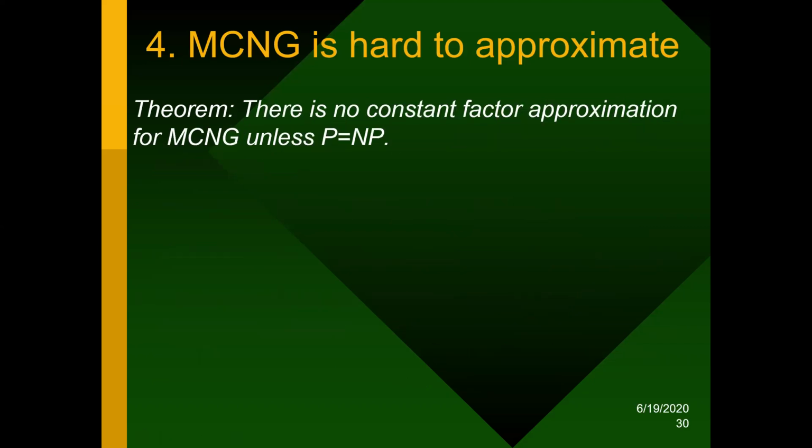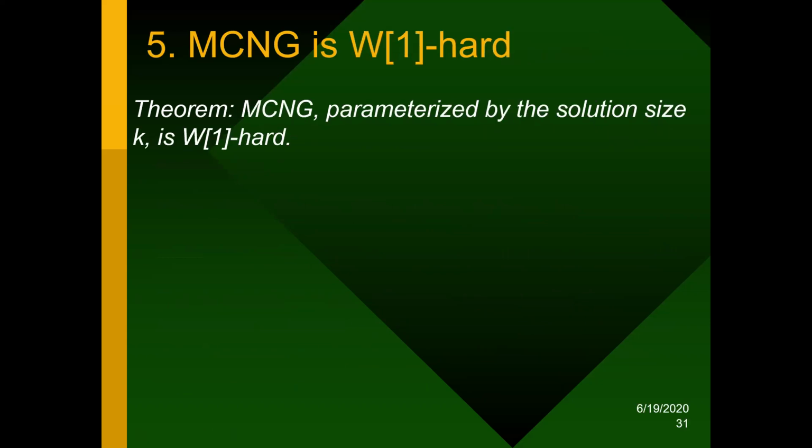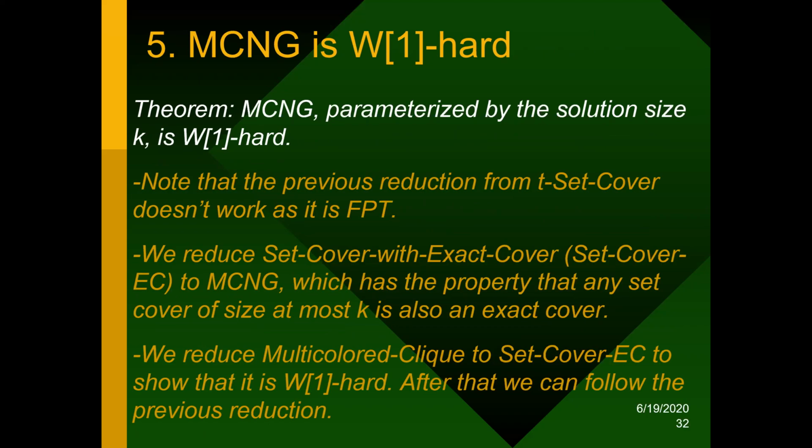Okay. So this is the first hardness result. For the second one, MCNG parameterized by the solution size k is W1 hard. So we cannot use the previous reduction from T set cover because T set cover is fixed parameter tractable.